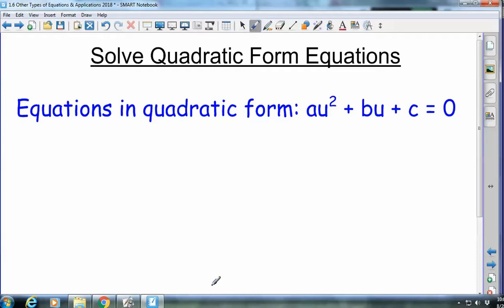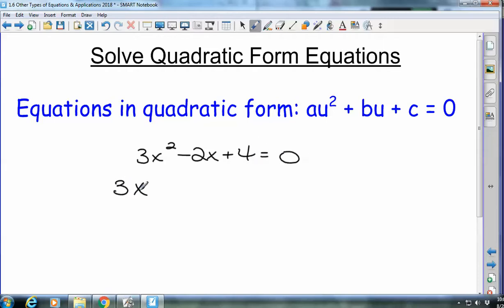So essentially what this is, it looks like a quadratic. It has a coefficient times something squared plus coefficient times something to the first plus a constant equals 0. But it's not always what you're used to seeing. You know, we're used to seeing quadratics like this.